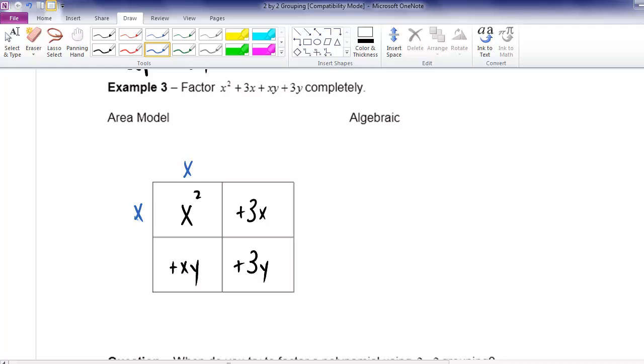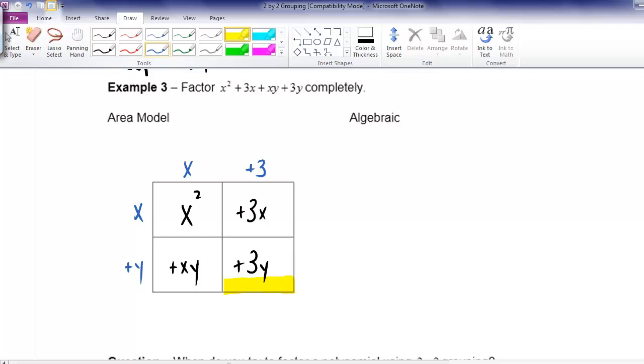X times x is x squared. X times what is 3x? Well, that's 3. X times what is xy? Well, it's y. And finally, we haven't even bothered with the last one, and now we just make sure everything works out, and if it does, we've done this right, and in fact, y times 3 is in fact 3y.